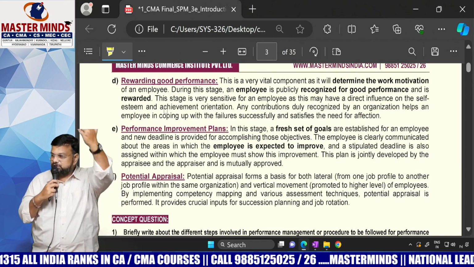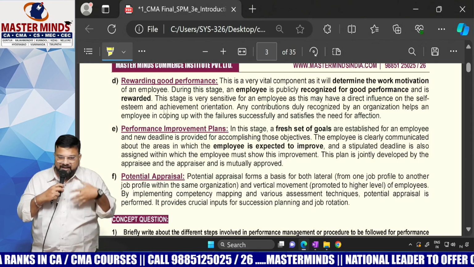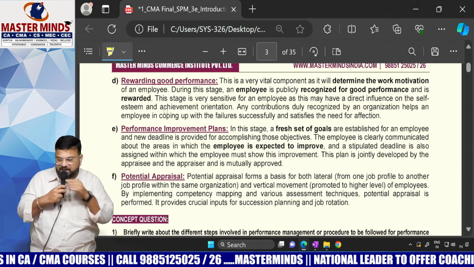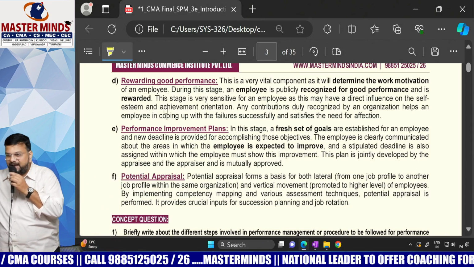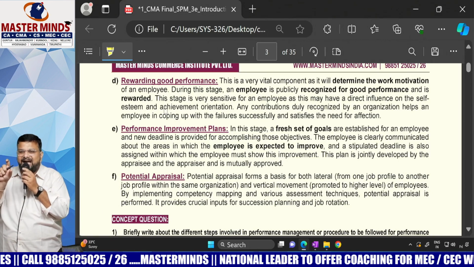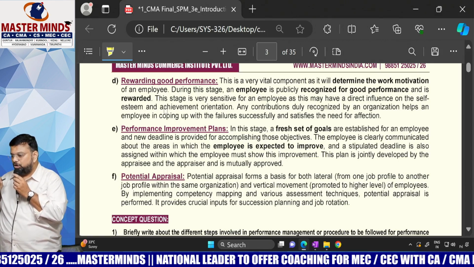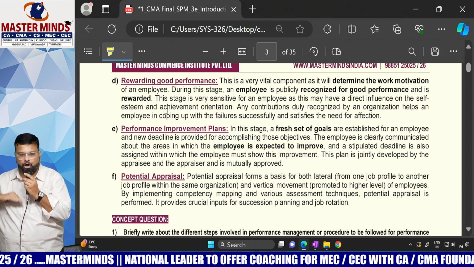I am reporting to CFO. This is vertical. I will be interacting with production manager. I will be interacting with sales manager. This entire thing should be clearly defined to avoid overlap of work.